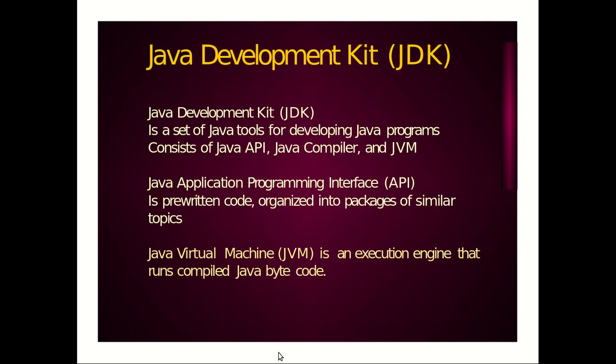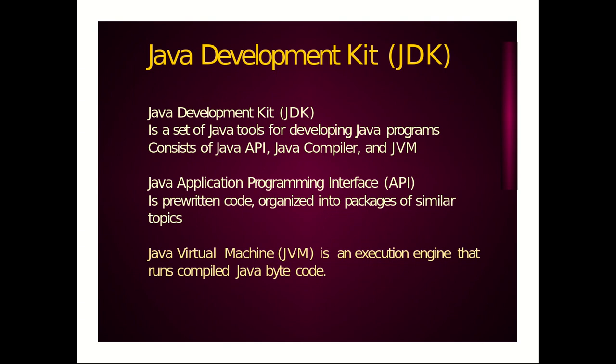The Java development kit consists of a list of components. It consists of the Java API, Java compiler and Java virtual machine. The API is a collection of packages for a similar topic.